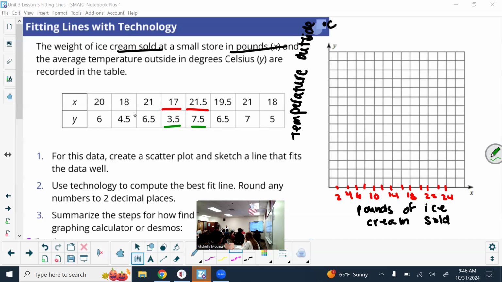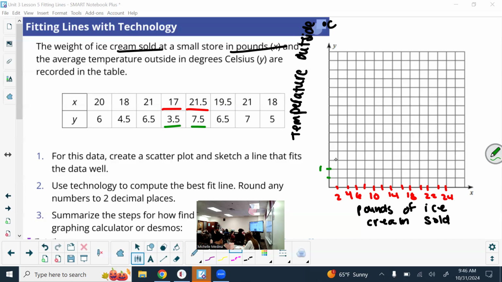I do think 0.5s might be better for this situation because again, you don't want your scale to be too big or too small. If you counted by ones, it probably wouldn't be the end of the world. But since some of our values are 0.5, let's just use as much space as we're able. So each tick mark will be 0.5 here.